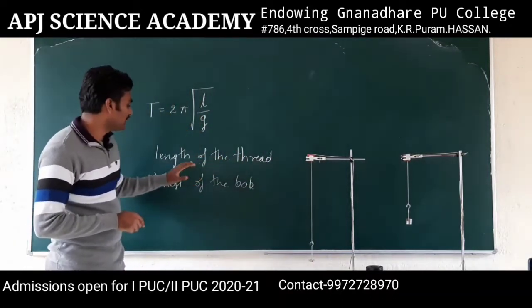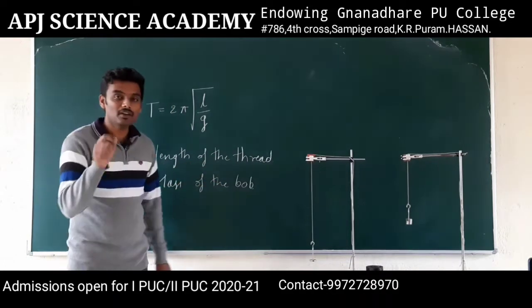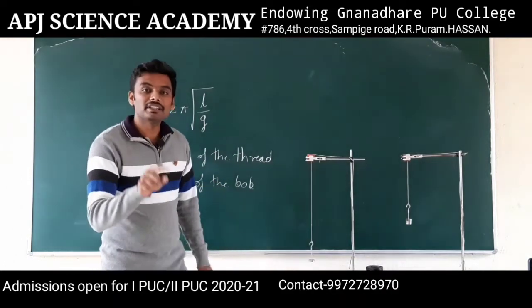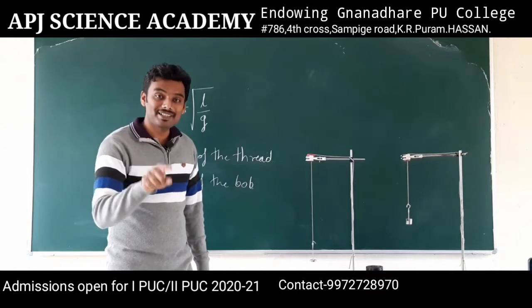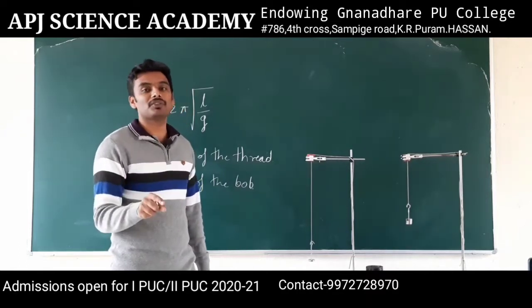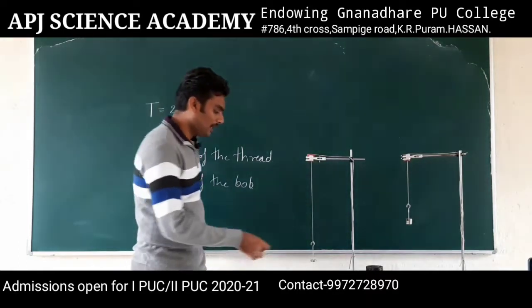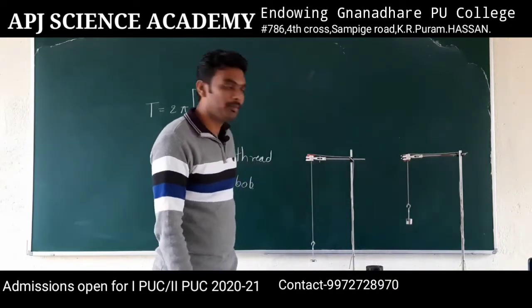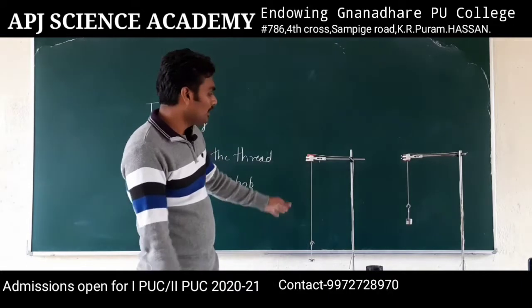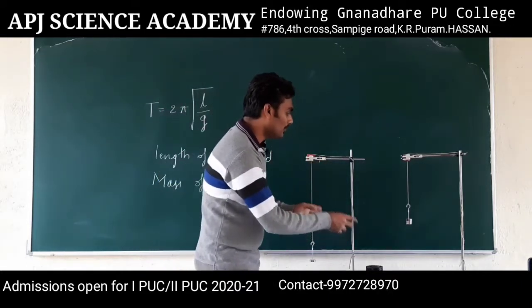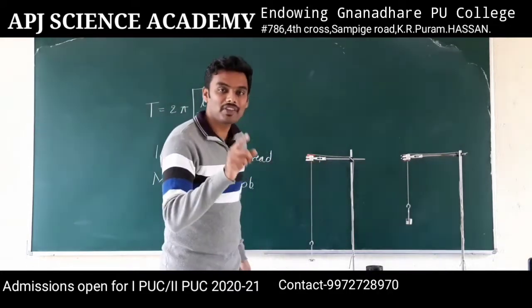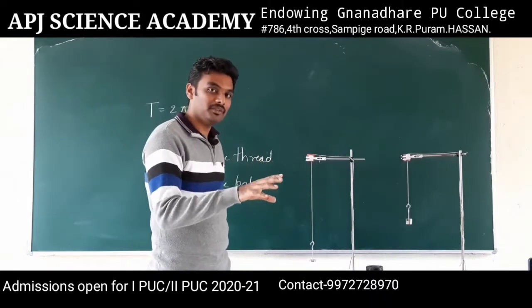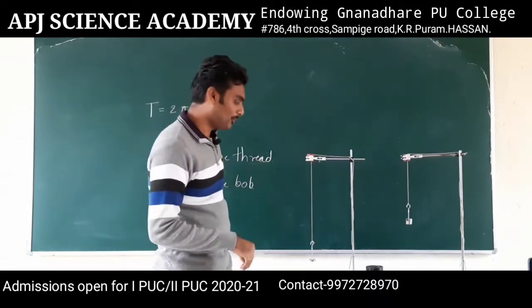Coming to the first part, the length of the thread. Now we shall see whether the length of the thread affects the time period of the oscillation or not. Since we have two simple pendulums here, I can set both with the same length first, and we'll see whether they oscillate with the same time period.